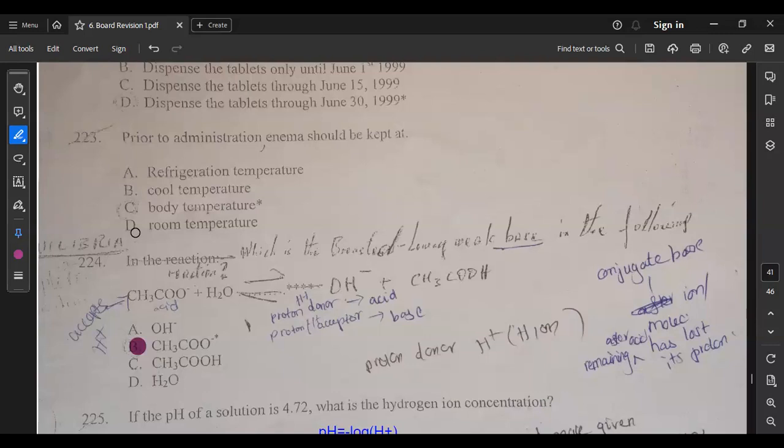If the reaction is going both ways, why can we not also say that C is a proton donor? No, I think that is an acid, a strong acid.